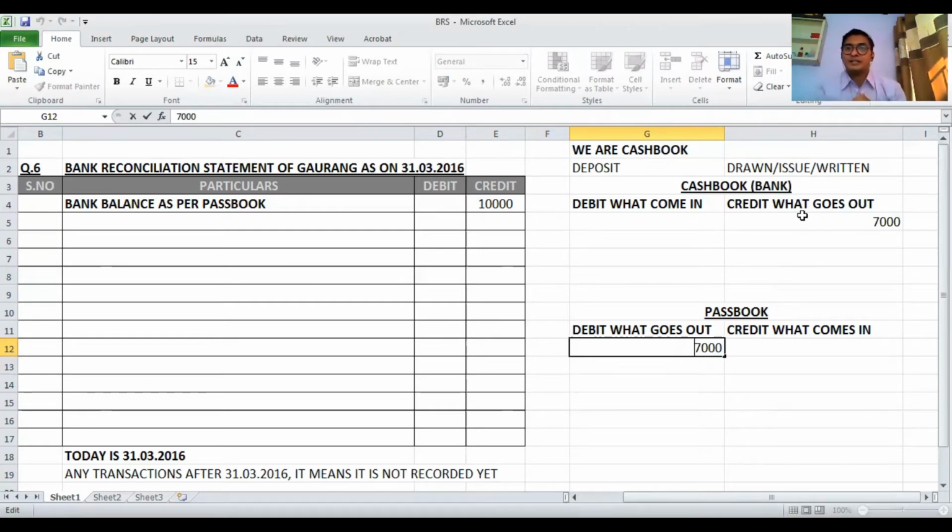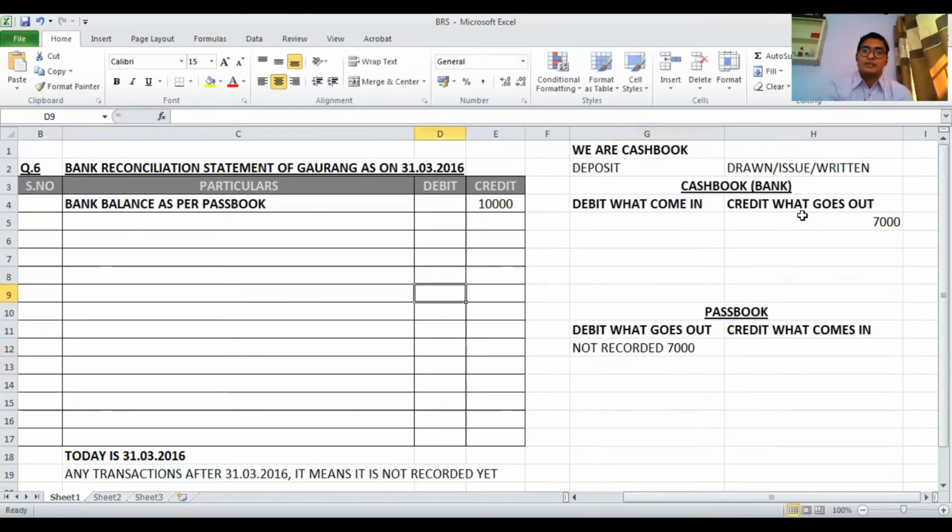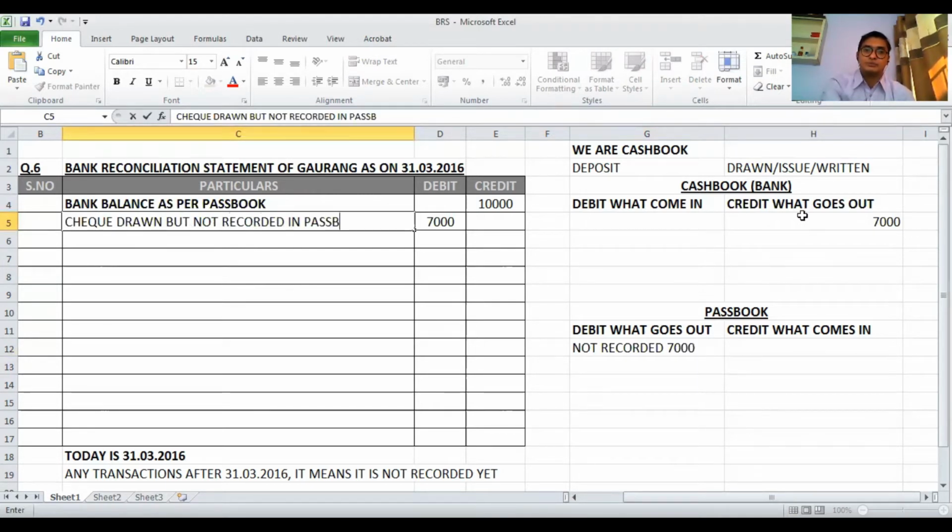But we have recorded in cash book. So now debit side of passbook 7,000, check drawn but not recorded in passbook.